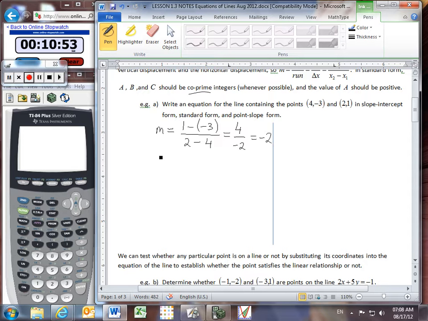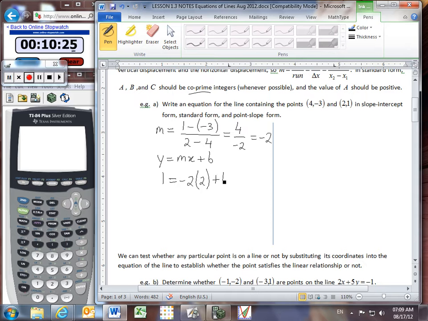If you think about the form y equals mx plus b, we now know what the slope is. It's -2. And I'm trying to find out what b is. One way of doing this is to substitute one of my points in for the x and the y, and then solve for b. I'll take my second point, (2, 1), and substitute in my x value of 2 and my y value of 1.